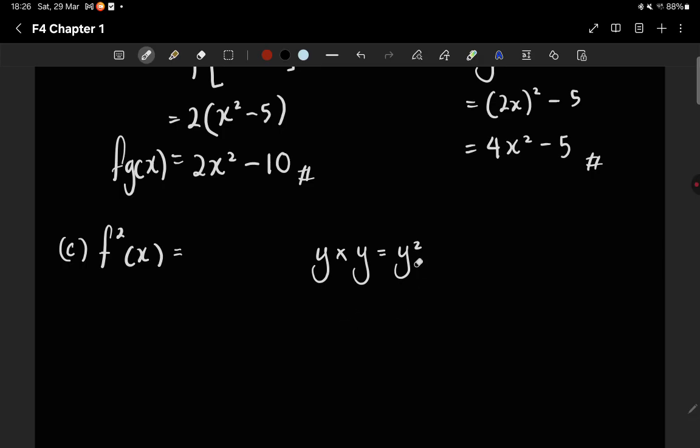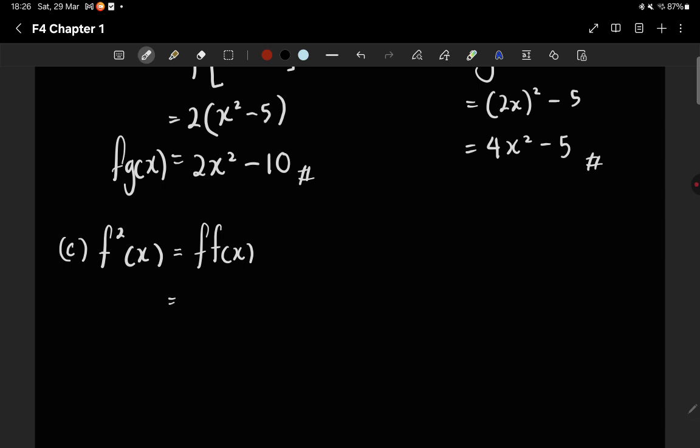Okay, so let's apply a similar concept here, but in this case it's functions. We don't have to write the multiply symbol. We could simply write f and f of x. So just assume that these two functions multiply to give you f squared.